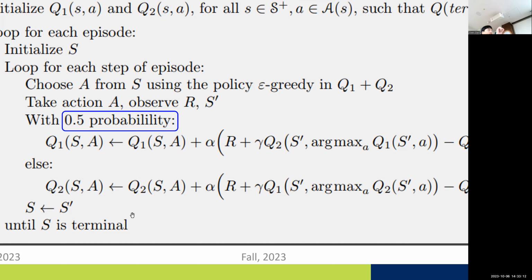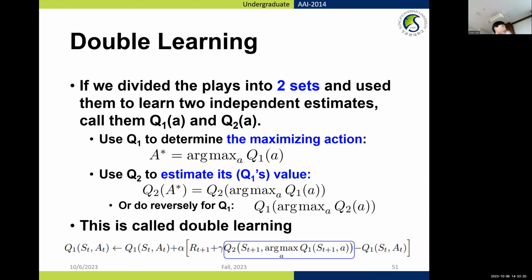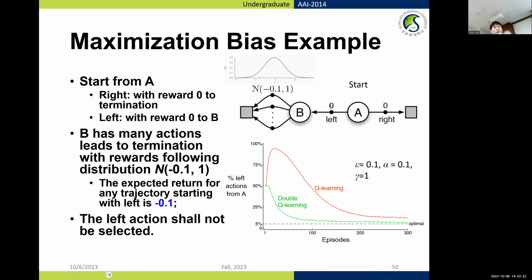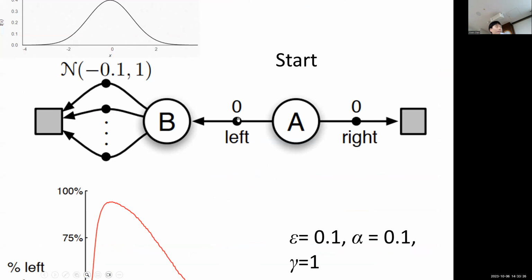It is to avoid jumping into a particular state. For example, in the previous case, if we meet some positive value, we greedily select the positive value, then the left action will be selected, because it's greedy, it's the maximum operation.